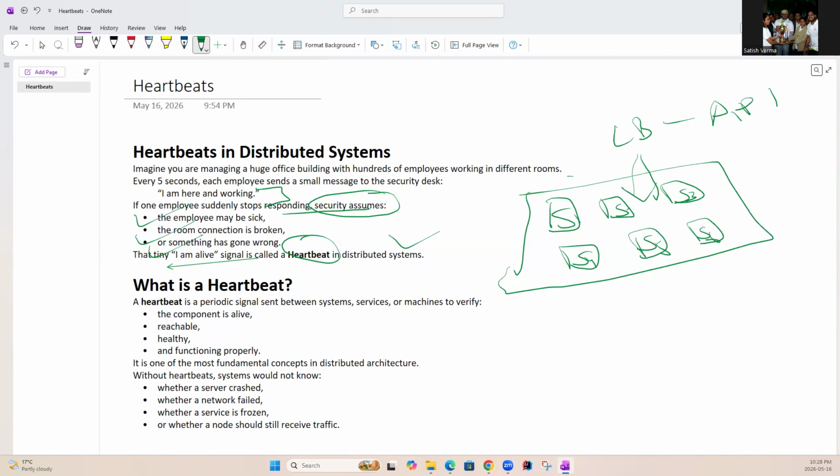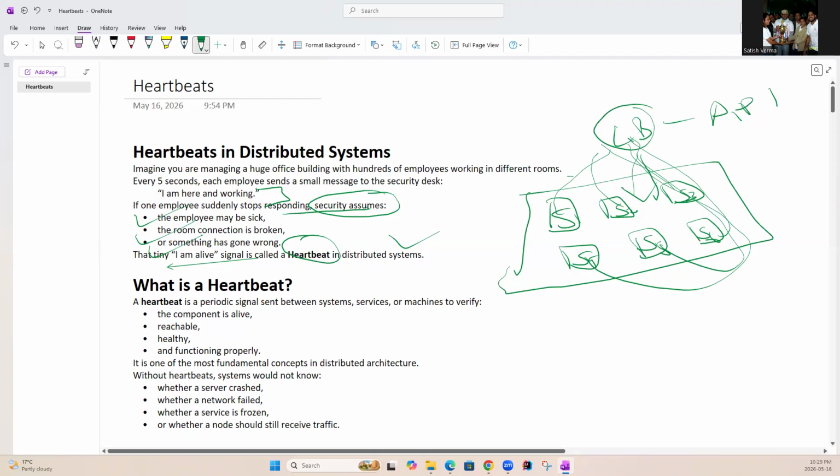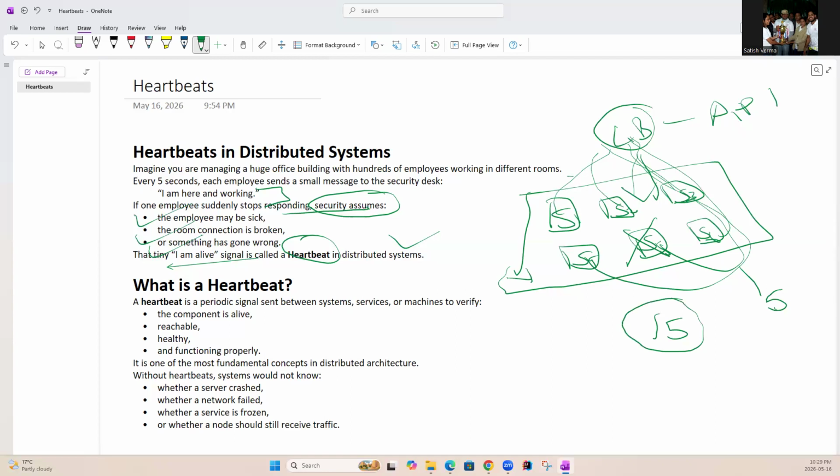Suppose every server is sending a message to the load balancer saying, yes, I'm alive, I'm working. Suppose server 5 is off, it doesn't send. Suppose the heartbeat is sent every 5 seconds and our timeout is 15 seconds.